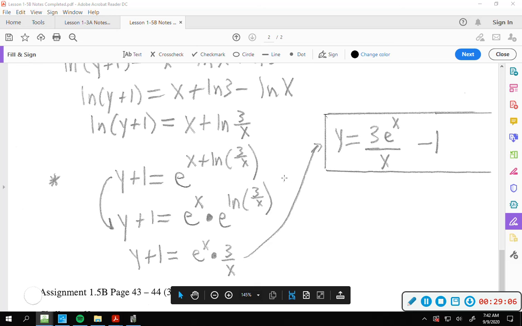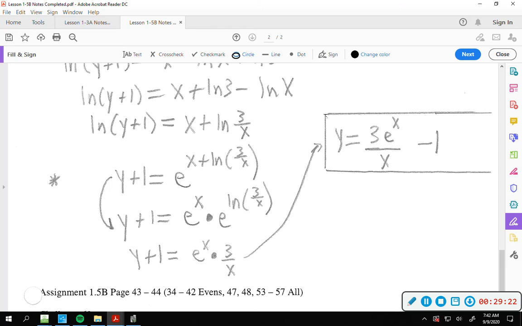That's why I have to utilize this property. This step right here, there's an asterisk, but we have to know how to use this algebraic property in reverse. We probably use it just as much this way in calculus as we do going this way. Okay? So keep that in mind.